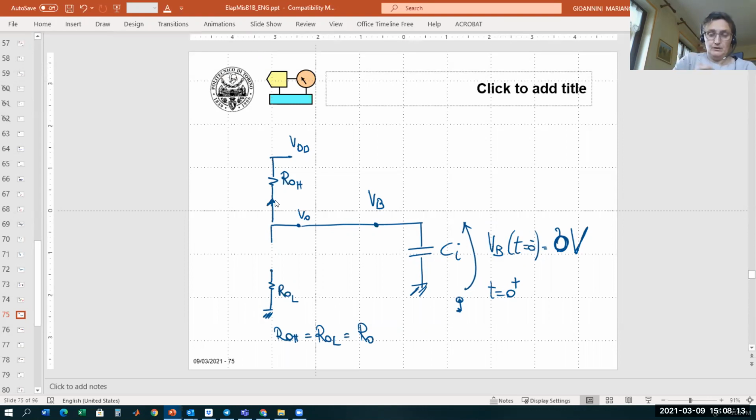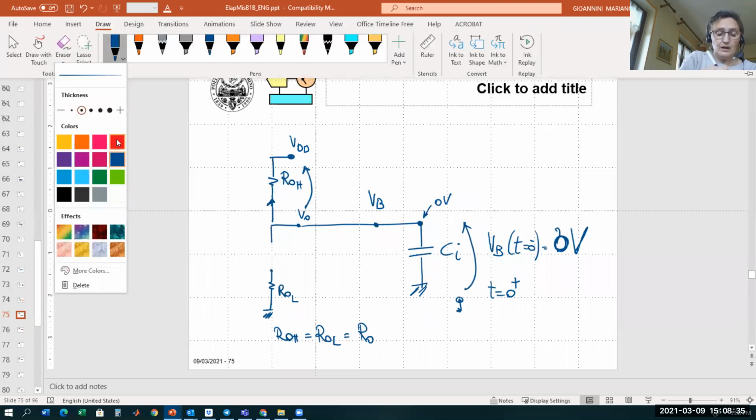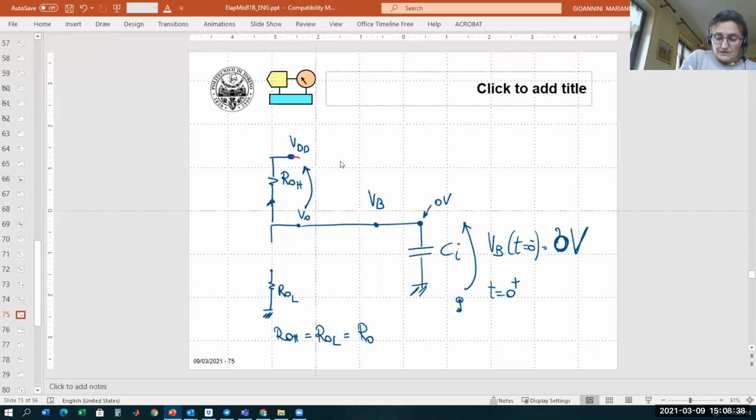So what we have, if I make this switch, the voltage here is 0, the voltage here is VDD, and so I have 0 here, VDD here, I will have a voltage drop on this resistor, ROH. And therefore, I will have a current that starts from VDD, flows through the equivalent output resistance RO and enters the capacitor.